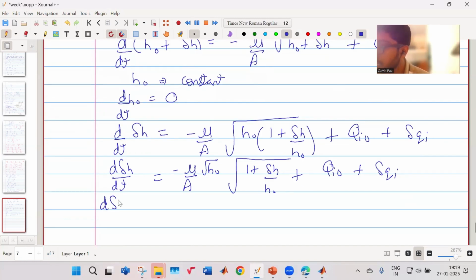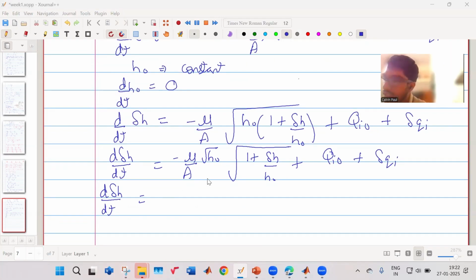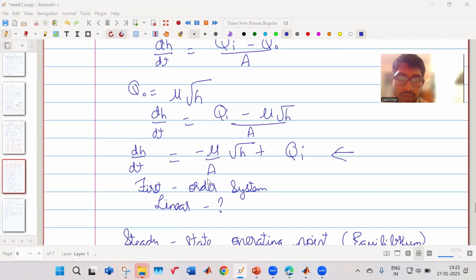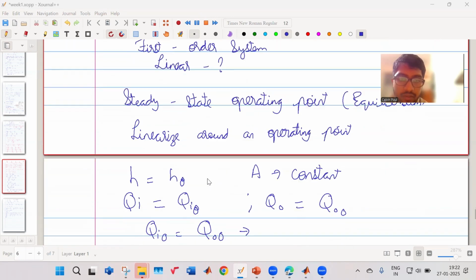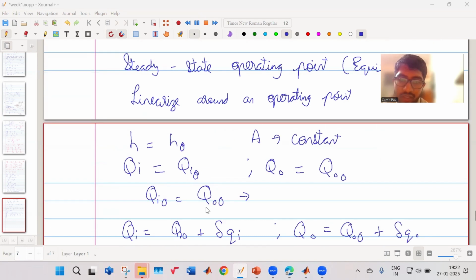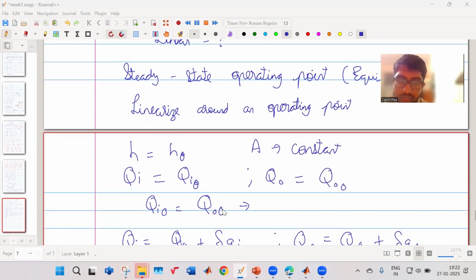One more point I forgot to add: when you reach the steady state operating point, your qi0 is equal to q out 0.